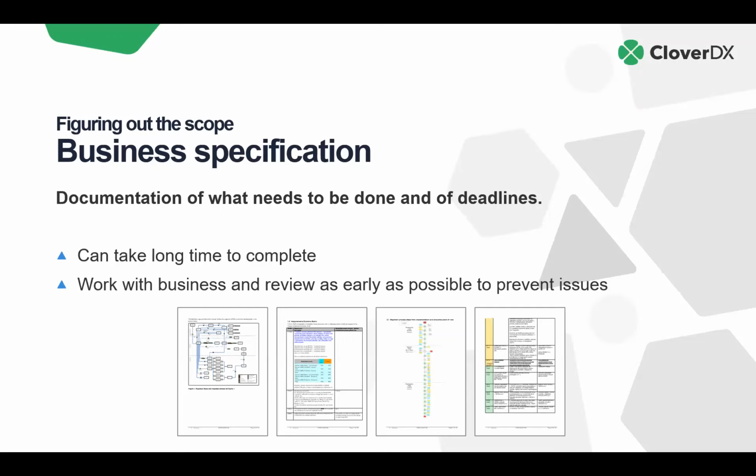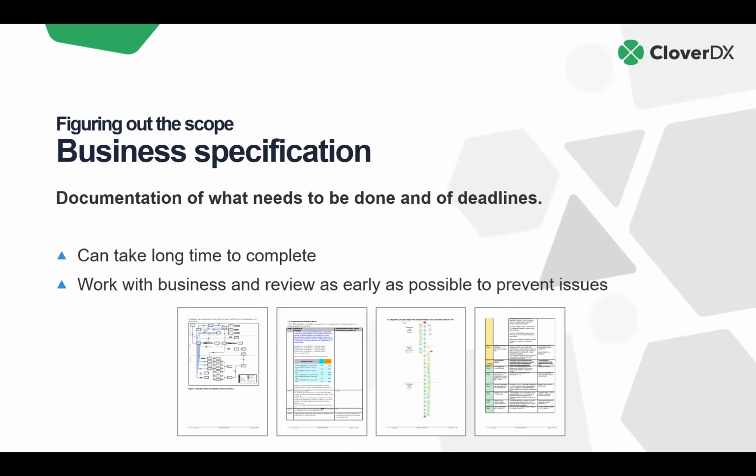So basically communicate with your business as early as possible, because it can save you quite a lot of back and forth after the specification is finalized, and even maybe saves you a change of scope or even a project restart or something like that in later stages.